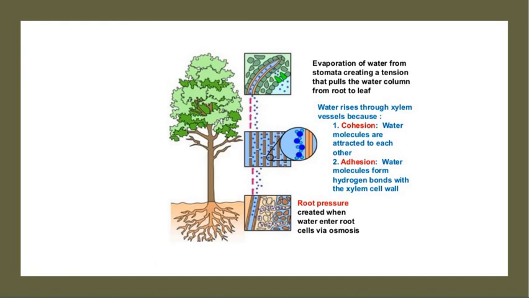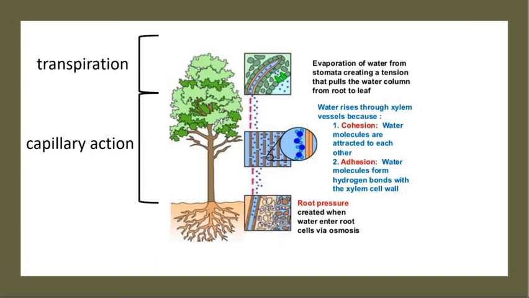Remember, there are 2 different processes. Water going up because of cohesion and adhesion, also known as capillary action. We talked about that. However, that only goes up 30 feet. So pretend this tree is like 40 feet tall. What happens for the rest of the plant? Well, it happens to be something called transpiration.